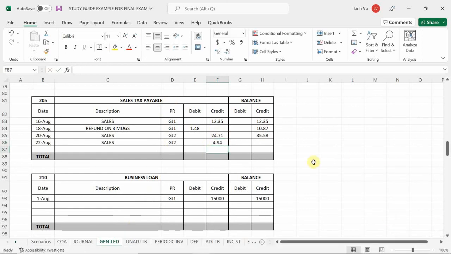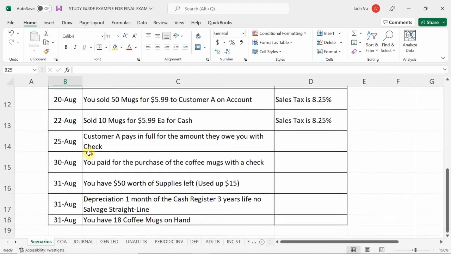So therefore, how much tax money do I have now? $40.52. $40.52. Okay.